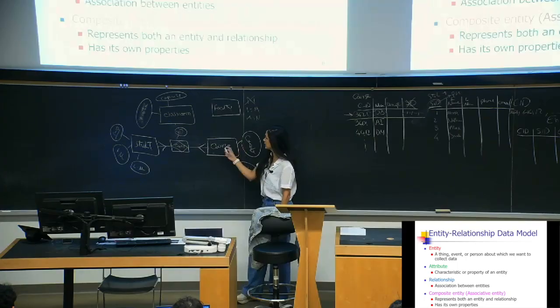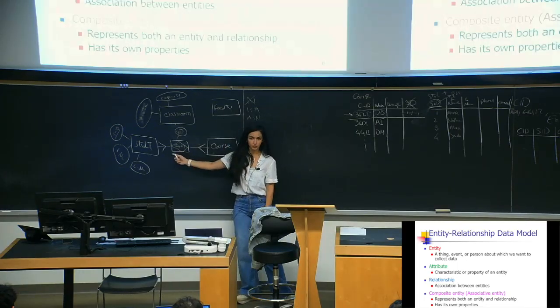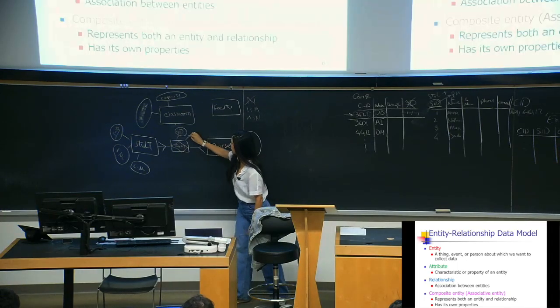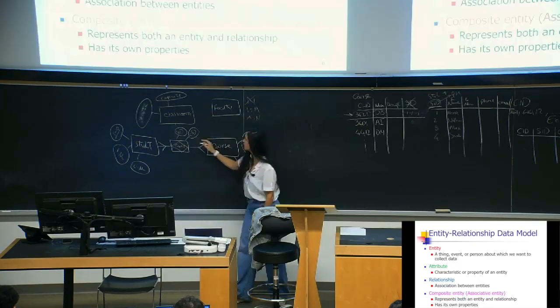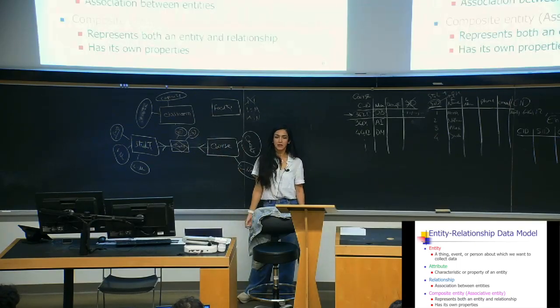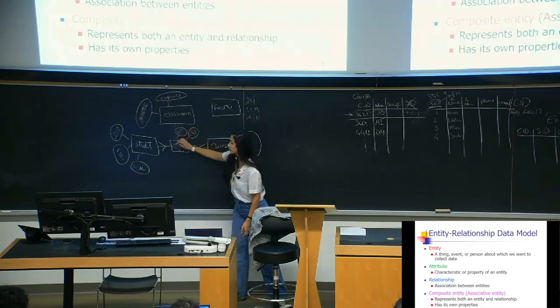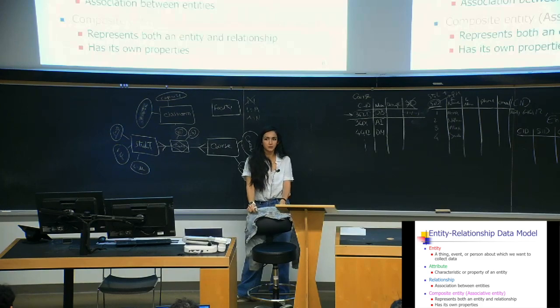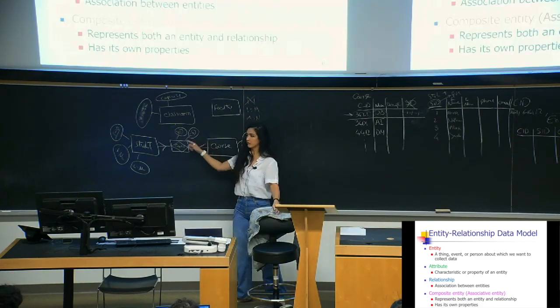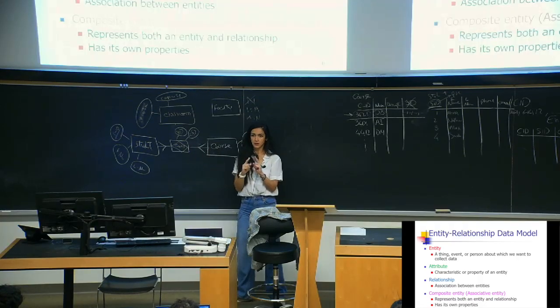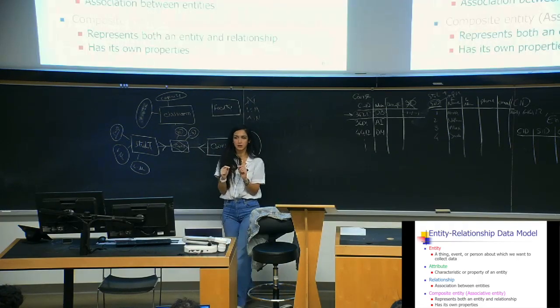And similarly, course is connected to the enrollment, so course ID will be added to the enrollment as well. And oftentimes, the primary key of your associative entity is a combination of these two primary keys. That is, your primary key doesn't include only one column.